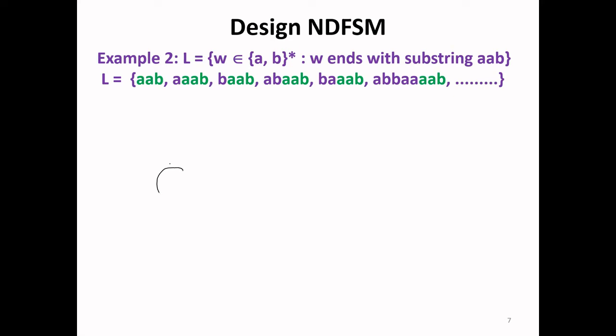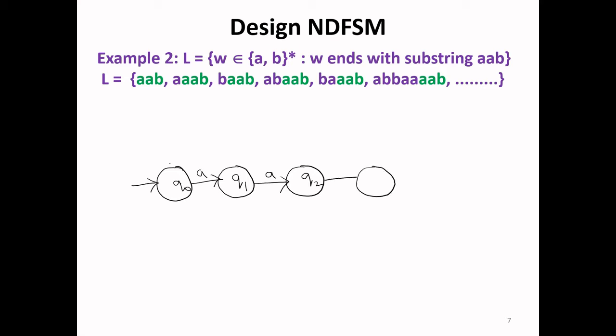Number of states needed are 4. Initial state Q0, input A reaching state Q1, again from state Q1, A going to state Q2, and again from Q2 for B it is going to Q3, which is the final state.